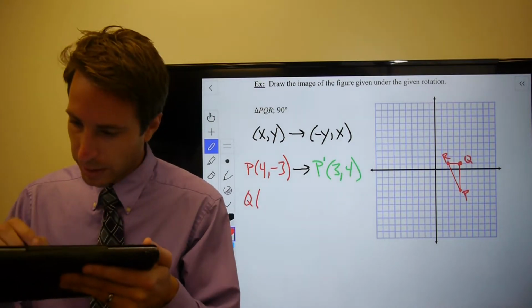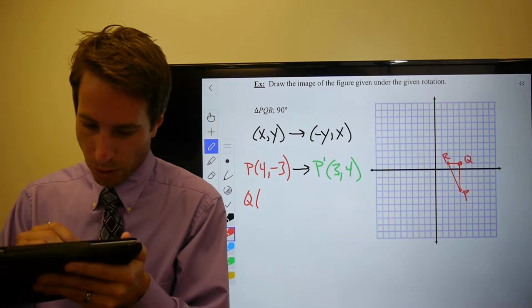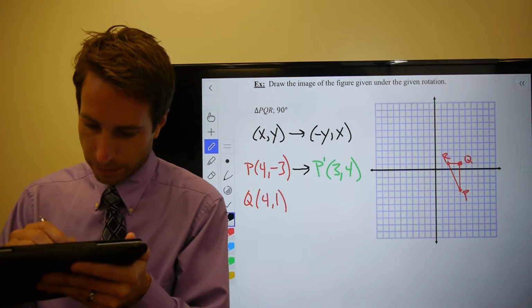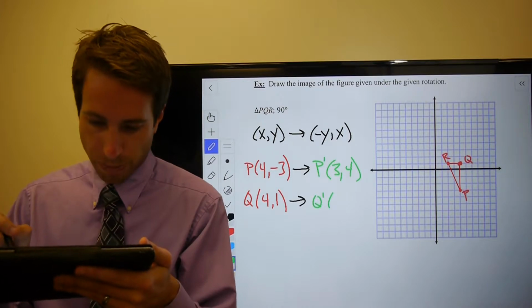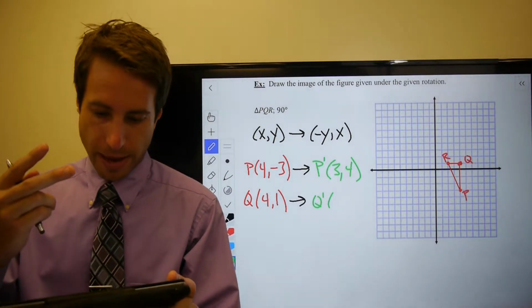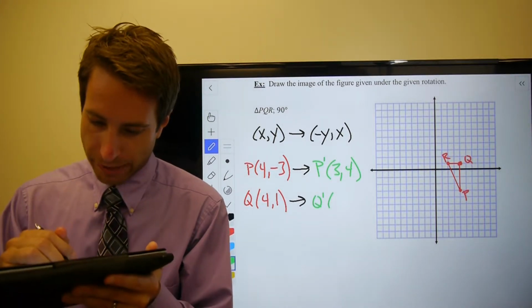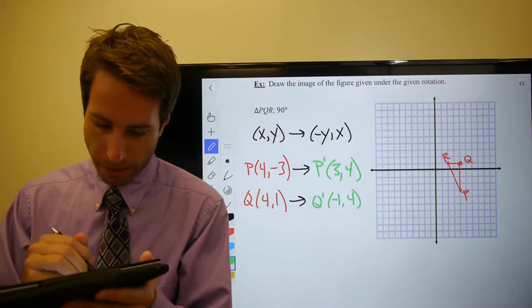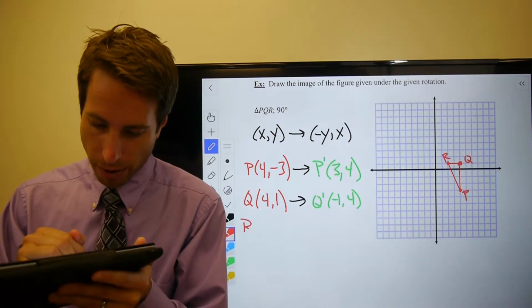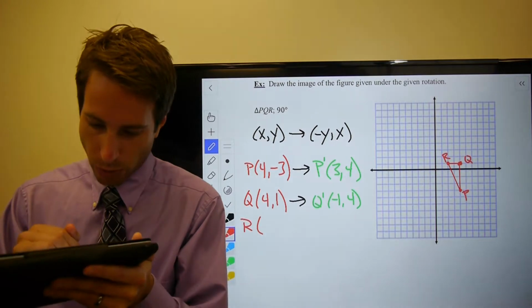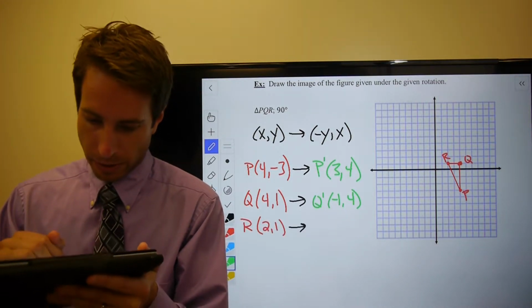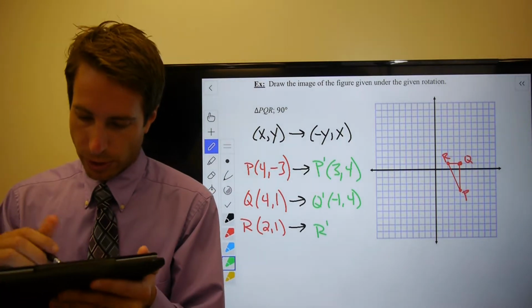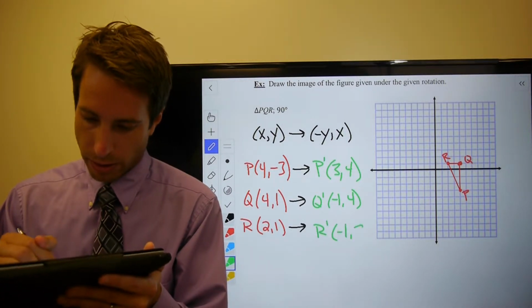Q is at 1, 2, 3, 4, 1, which means it's going to be mapped to Q prime, which will be at, switch them, make the y negative, so minus 1, 4. And finally R, 2, 1, which is going to be mapped to R prime, switch them, so negative 1, 2.